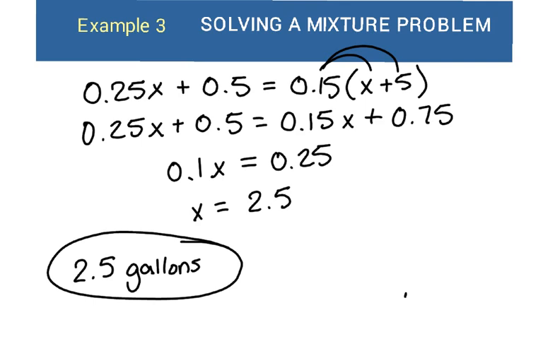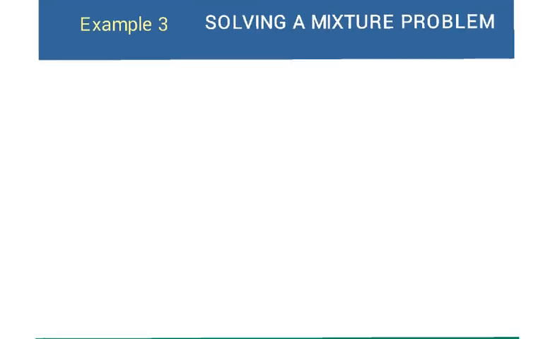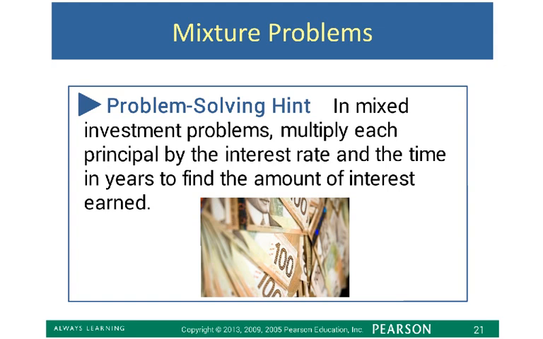Alright, I think I have one more example. Yes, and it's another mixture problem, but not like the previous one. This deals with investment and mixing two investments together. And here's a hint for this.